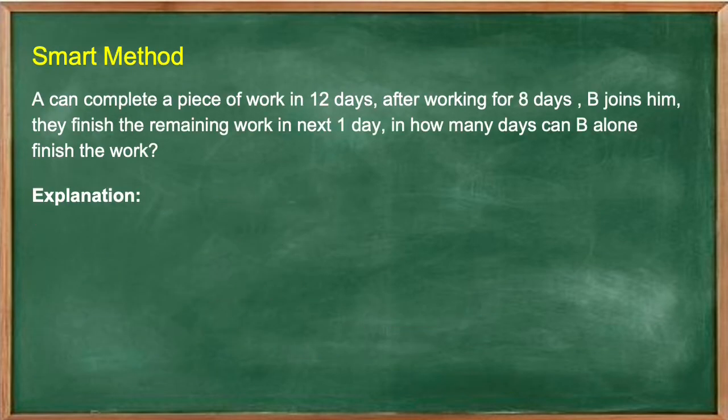Smart method. A can complete a piece of work in 12 days. After working for 8 days, B joins him. They finish the remaining work in next one day. In how many days can B alone finish the work? This question can be solved using our traditional method, that is work based on days.